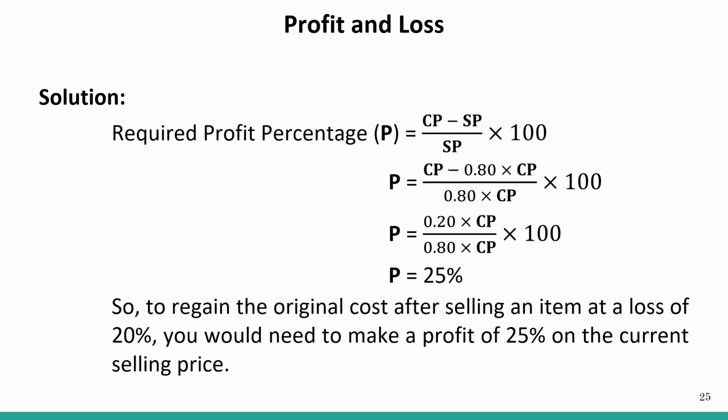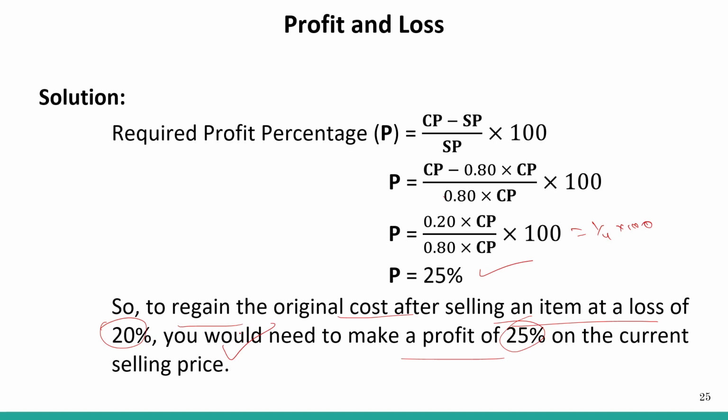So CP minus 0.80 CP is equal to 0.20 into CP, and 0.80 into CP is the price right now. So the percentage will be 1 by 4 into 100, which is nothing but 25%. So to regain the original cost after selling the item at a loss of 20%, you need to make a profit of 25%, or you need to mark up the price 25% on the current selling price.